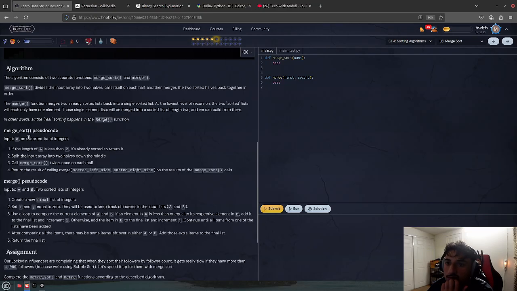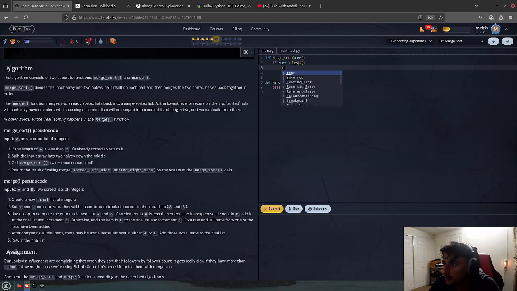Merge sort pseudocode. Input A, an unsorted list of integers, which is nums. If the length of A is less than 2, it's already sorted, so return it. So we know if nums is less than length 2, return nums.